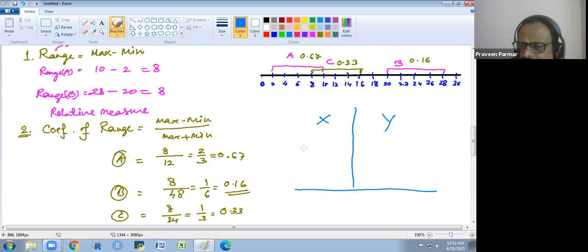Company X wrote the coefficient of range of salary of their employees is 0.45 and company Y shows 0.32. So which company would you prefer to join? Other scenarios are the same.